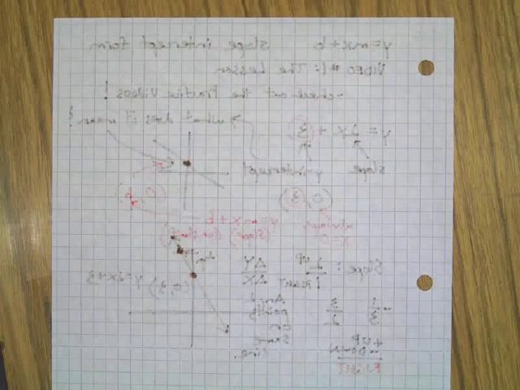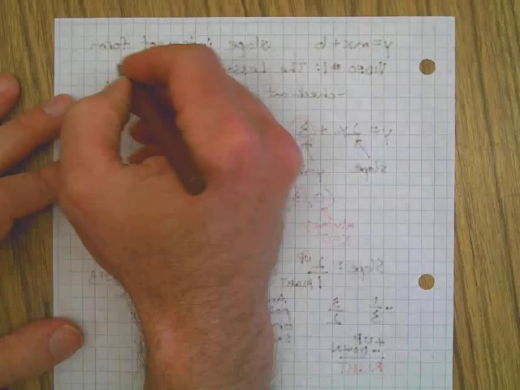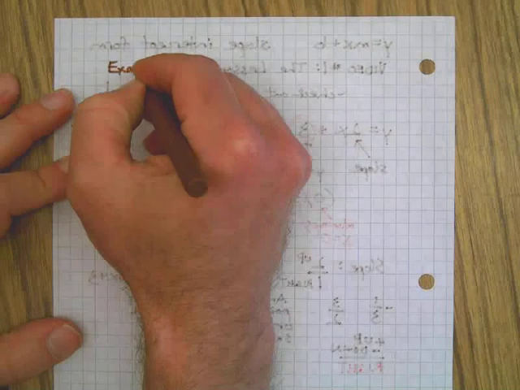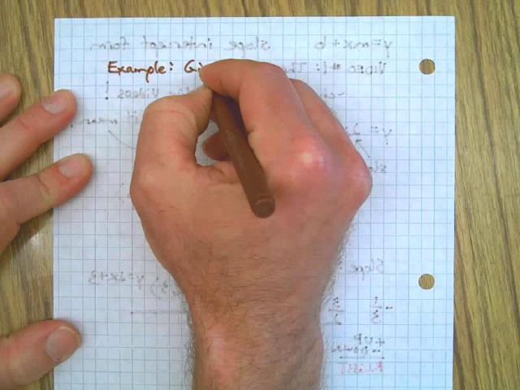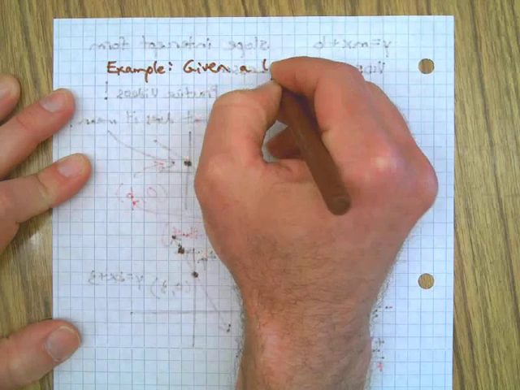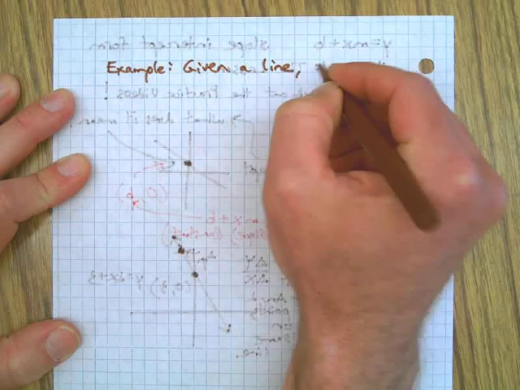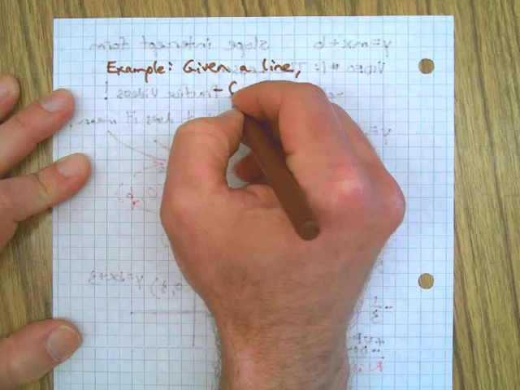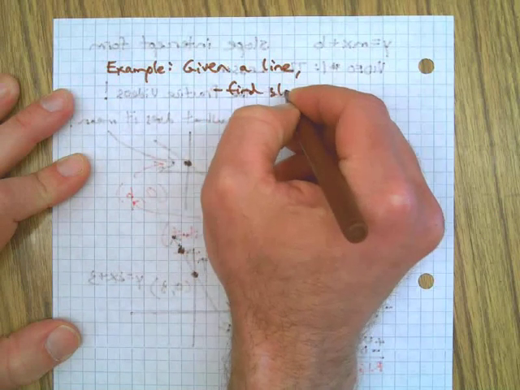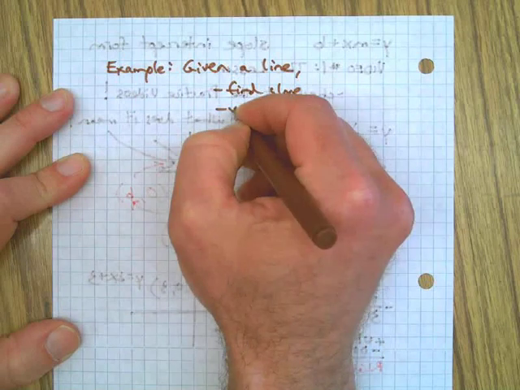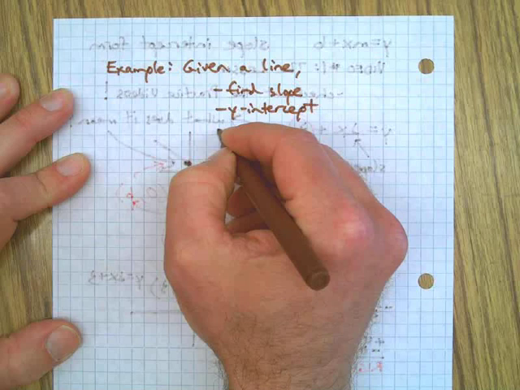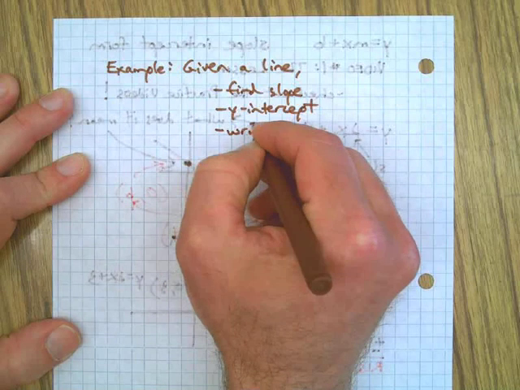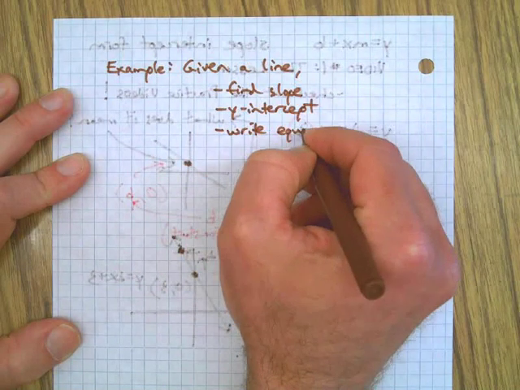All right, here's our first example. If I give you a line, you should be able to find the slope, the y-intercept, and write the equation in slope-intercept form.